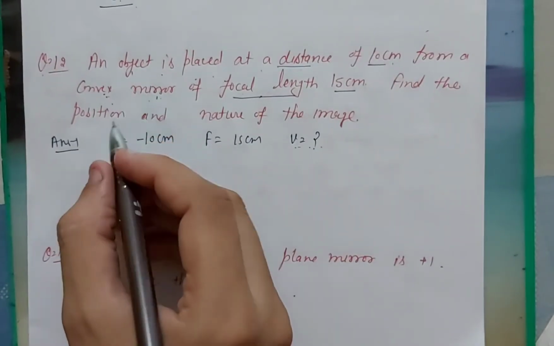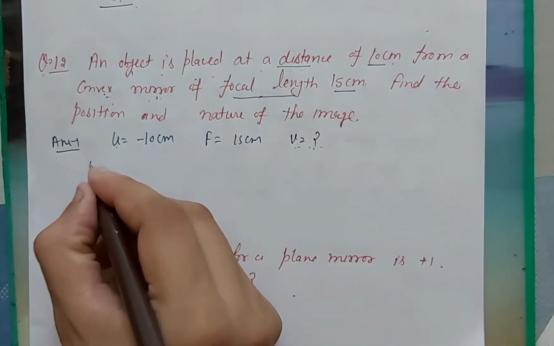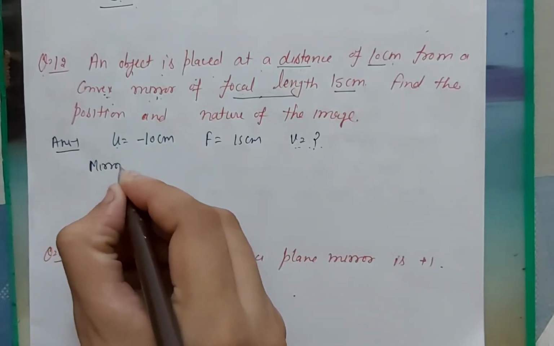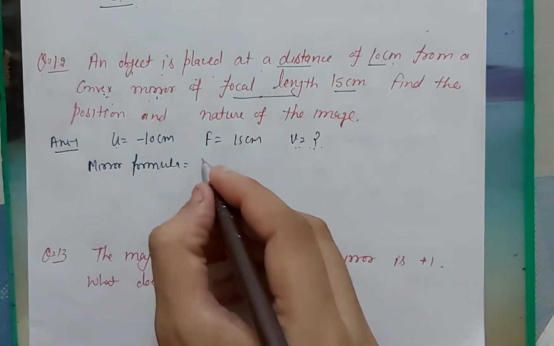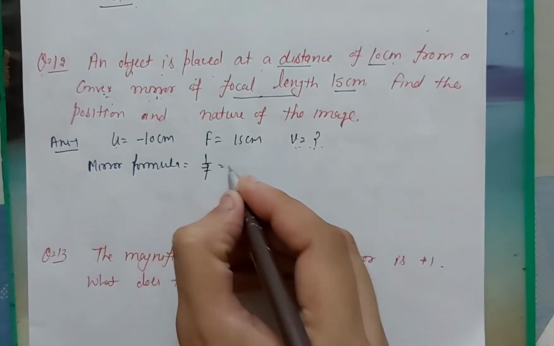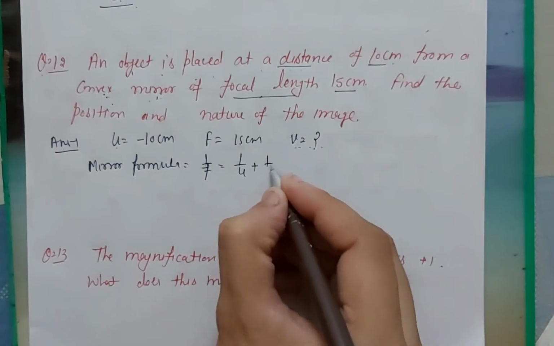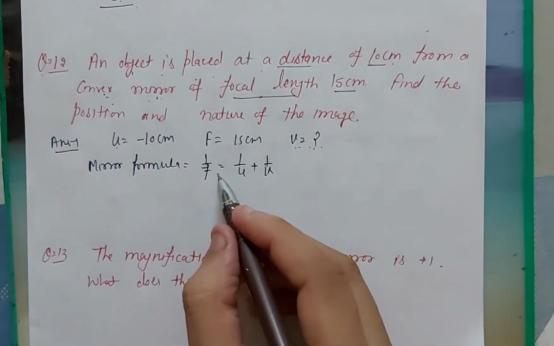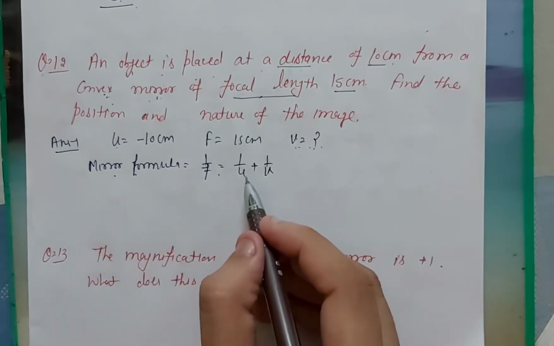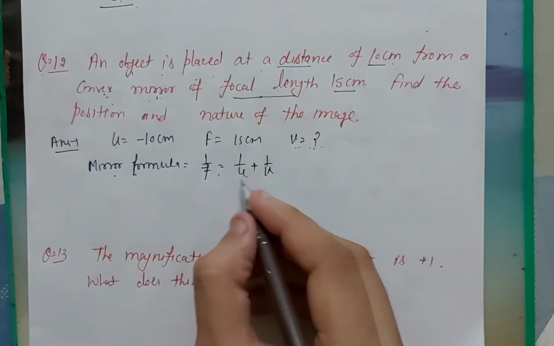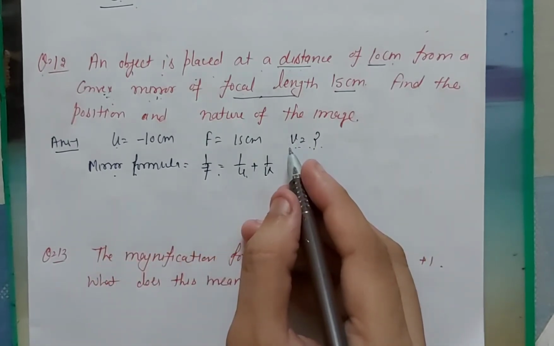So this is mirror. So now apply mirror formula. What is mirror formula? 1/f is equal to 1/u plus 1/v. In case of lens there is minus, but in case of mirror there is positive. So now put all values. We can easily find out the value of v.